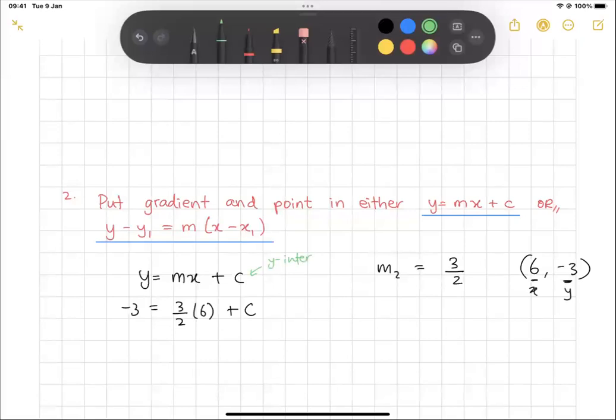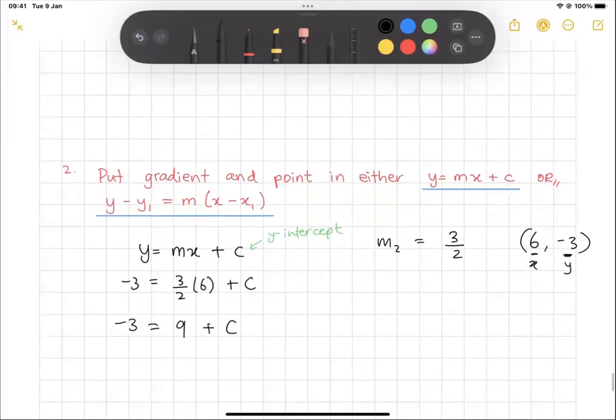Okay, so let's do it. All you have to do is put it into the calculator. Negative 3 equals, what's 3 on 2 times 6 equal to? That equals 9 plus c. What would my c be? That's minus 9 on both sides.